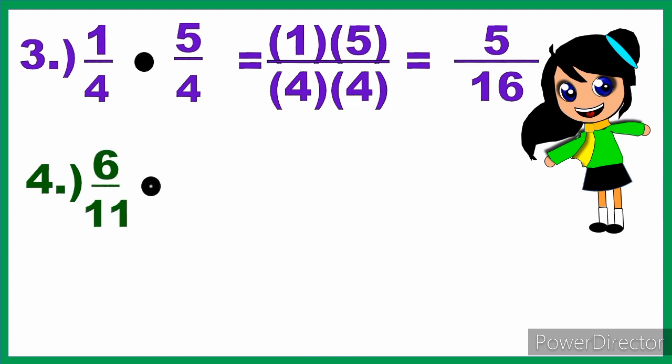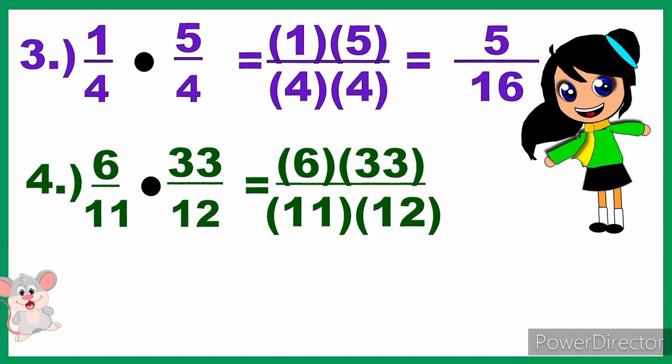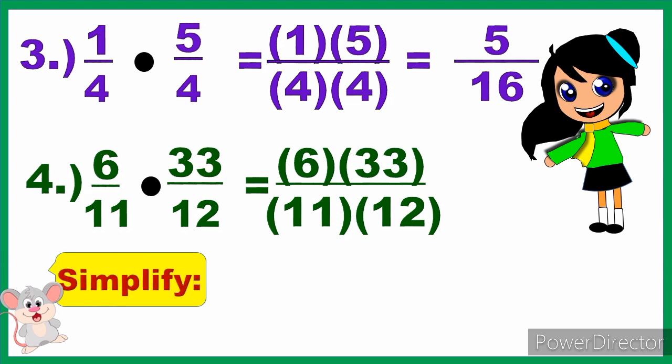Okay. Number 4, 6 over 11 times 33 over 12. Okay, first, multiply natin ang numerator. So, we have 6 times 33. Multiply their denominator, 11 times 12. Okay, so we have another way on how to simplify this fraction.